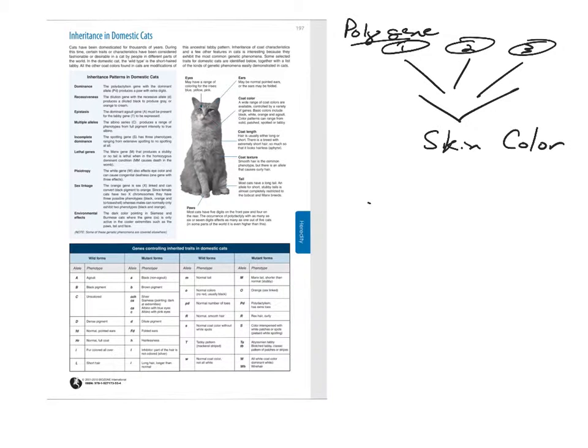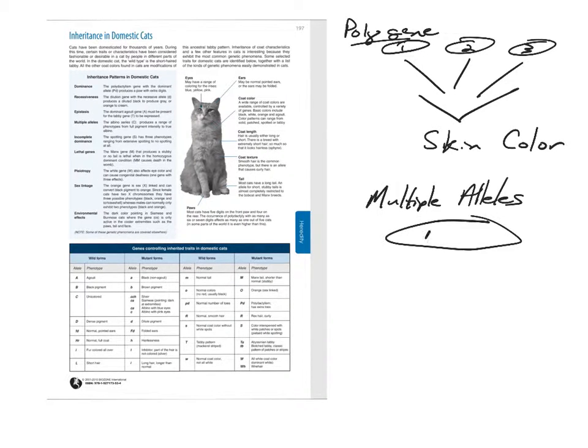With multiple alleles, what you have is 1 gene, and let's just call it blood type. The blood type gene has 3 different alleles: A, B, and O. And I should write I, remember, that's how we write that.